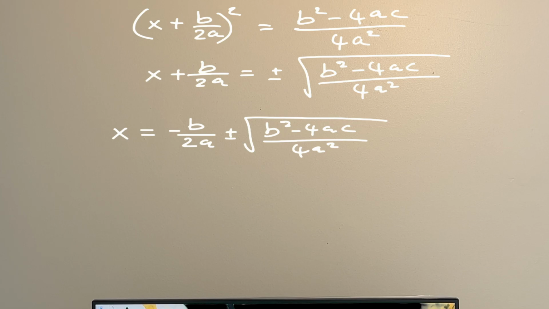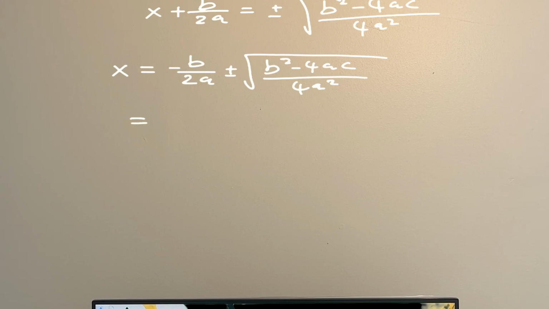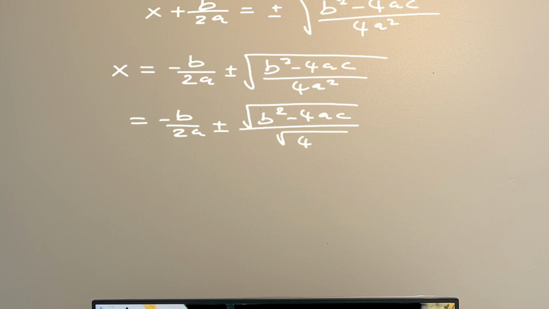Now, that is our quadratic formula. We can further simplify that. How do we simplify? By still writing negative b over 2a plus or minus, taking the square root of the top, and the square root of the bottom, 4a squared, which we know is equal to 2 times a.